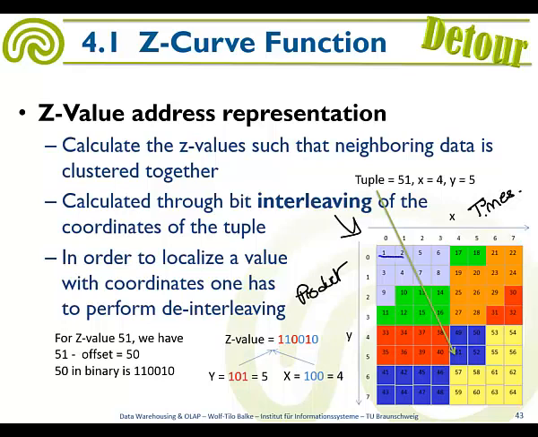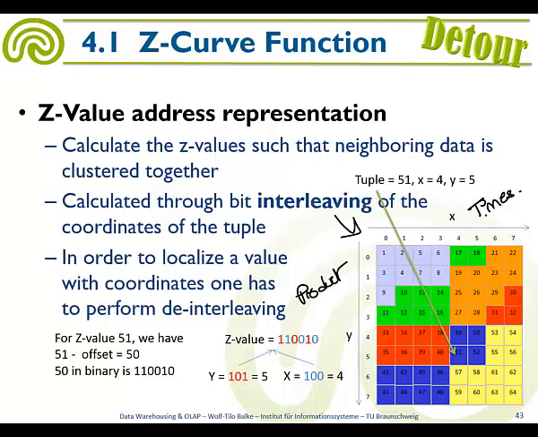So basically you read, then you hop here, you read, you hop, you read, you hop, and so on. And now you see these Z curves, and that's why it's called Z curves.